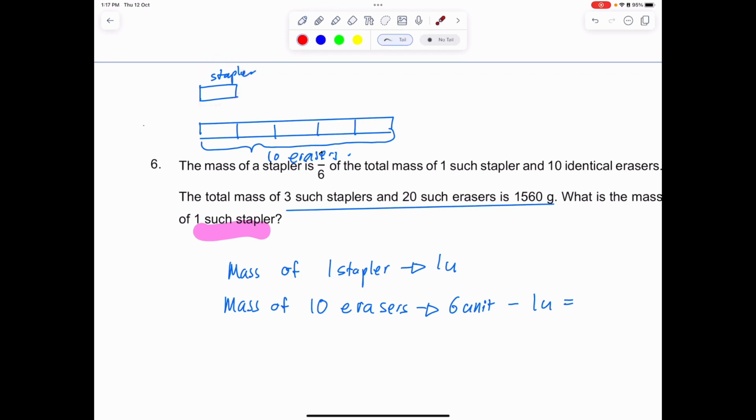So then it makes up your 6 units here: 1, 2, 3, 4, 5, 6. Do you all see it? So in short, my 10 erasers is 5 units and my stapler is 1 unit. So you can also say that one stapler has the mass of 2 erasers. Correct? So this is 5 units.